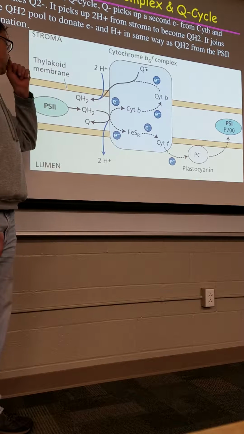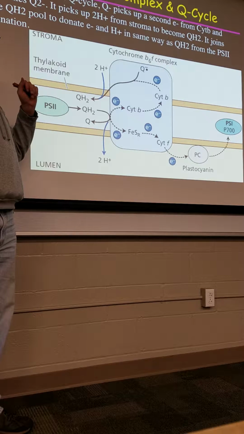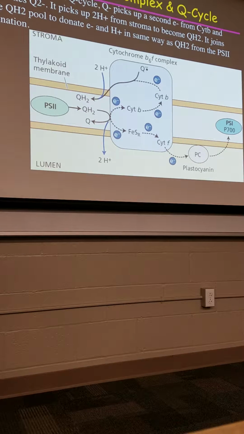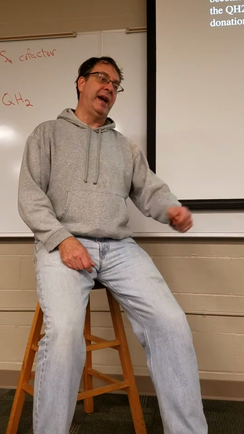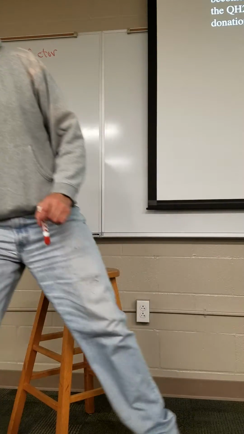The Q and the semiquinone with the dot, that's just the same as QA and QB in the previous slide, right? Yes. But it's differentiated because it's quinone, semiquinone, and plastoquinone that's not associated with the reaction center at that moment. Okay. So that's the difference essentially. Okay. Thank you.